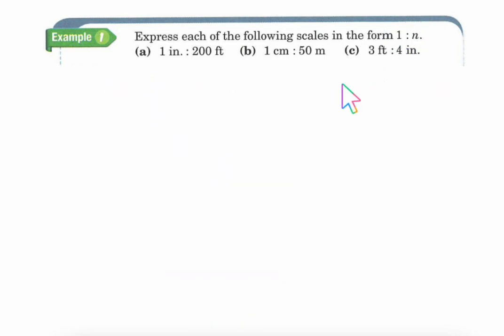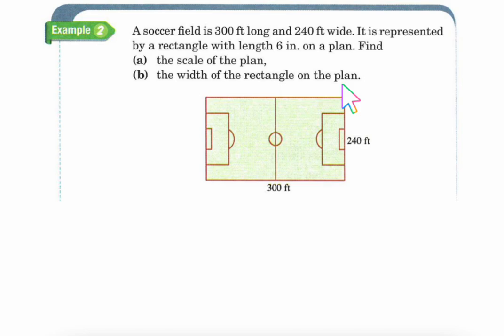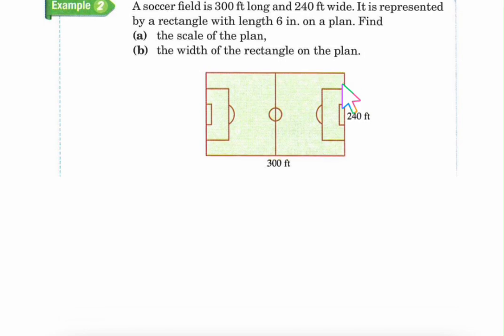Okay, now let's move on to example 2. A soccer field is 300 feet long and 240 feet wide. It is represented by a rectangle with length 6 inches on a plan. So the 300 feet is really equal to 6 inches on the drawing, right?